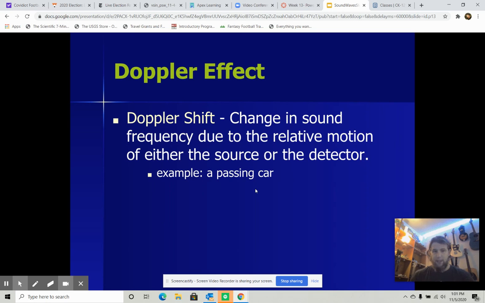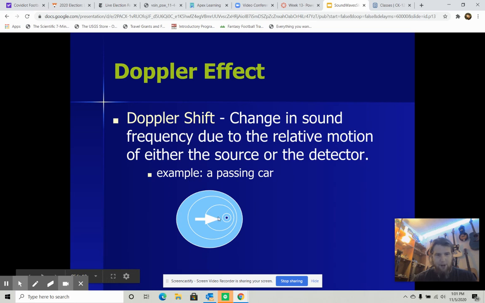Therefore, the frequency is changing, and as the frequency changes, it changes the pitch of the sound as it gets closer to you or further away. As something moves towards an object, the distance between them is getting shorter, and that is changing the frequency due to the relative positions.